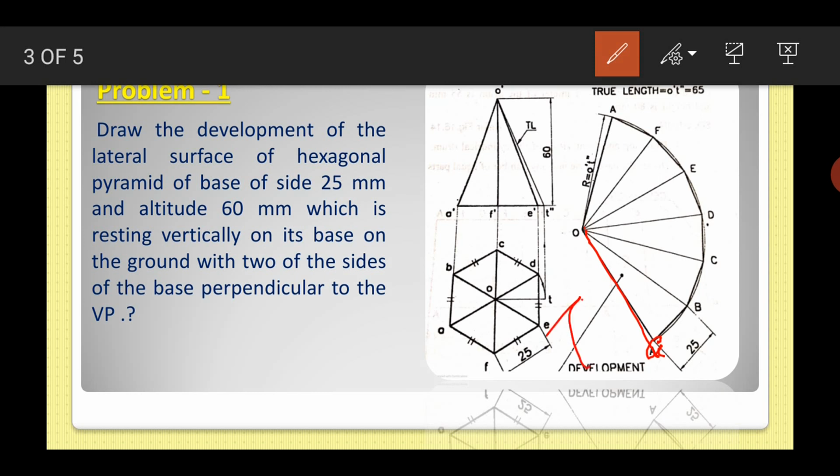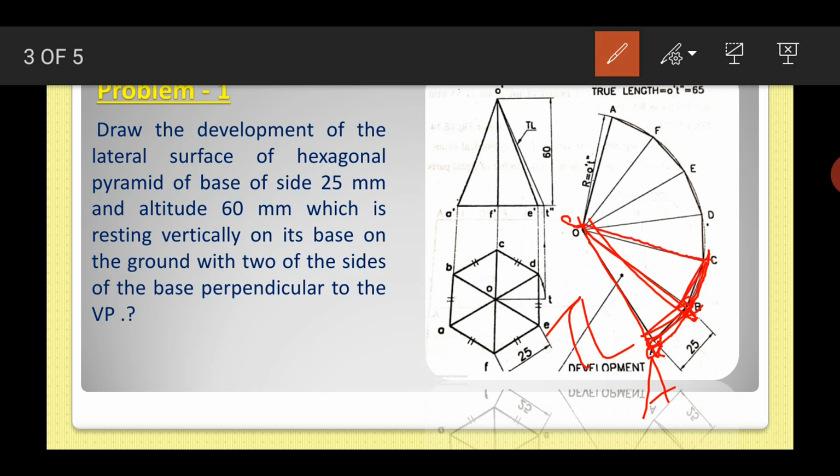Mark a point O and a point here, then draw an arc. The straight length is 25; mark a point and draw here, then make an arc again.